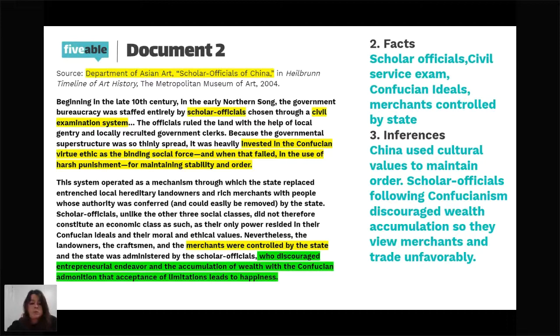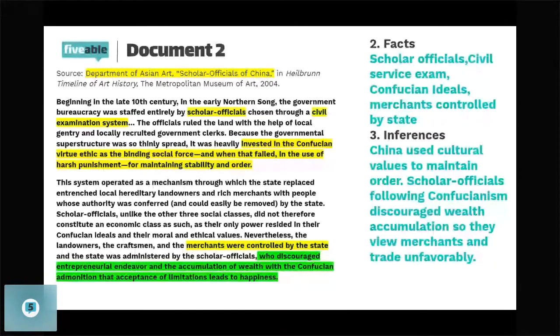The officials ruled the land with help of local gentry and locally recruited government clerks. Because the governmental superstructure was so thinly spread, it was heavily invested in the Confucian virtue ethic as the binding social force, and when that failed, in the use of harsh punishment for maintaining stability.